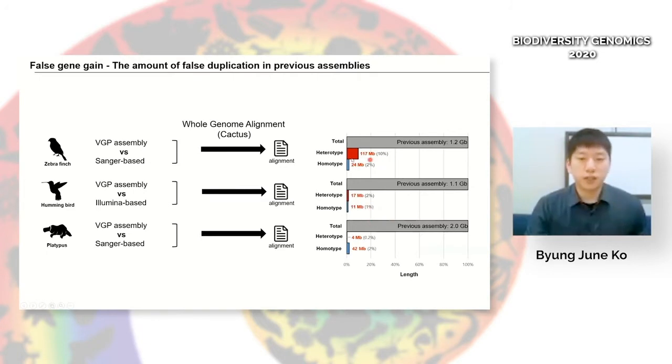We also classify the false duplication into heterotype and homotype duplication. The heterotype duplication is the false duplication made by heterozygosity, but homotype duplication is not. As a result, around 140 megabase pairs were falsely duplicated in zebra finch's Sanger-based assembly, and around 30 and 40 megabase pairs were falsely duplicated in the hummingbird and platypus previous assemblies as well.